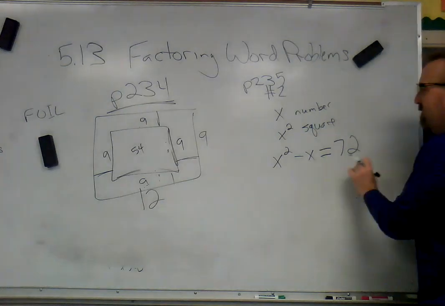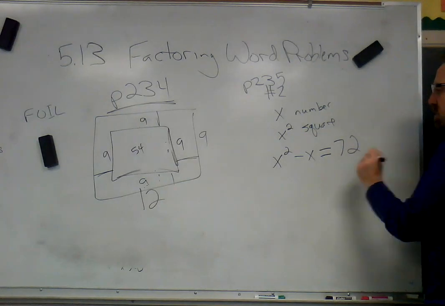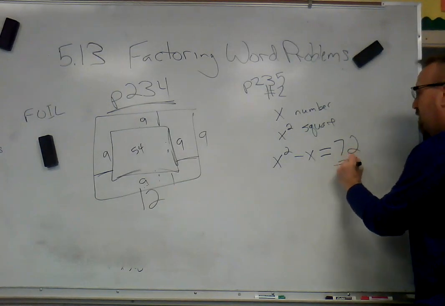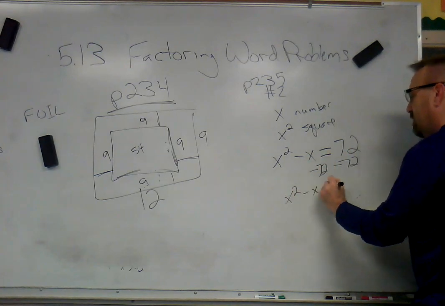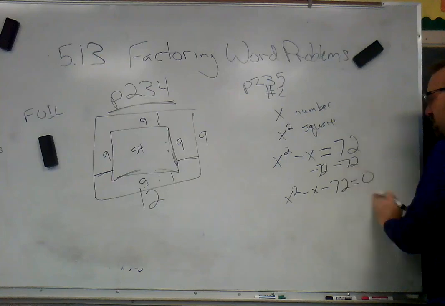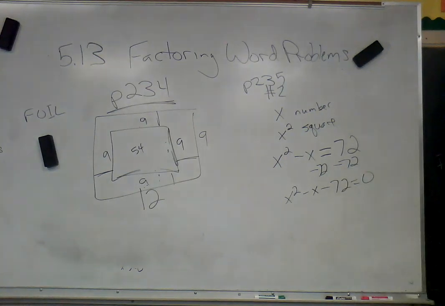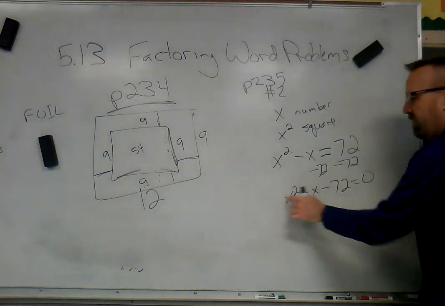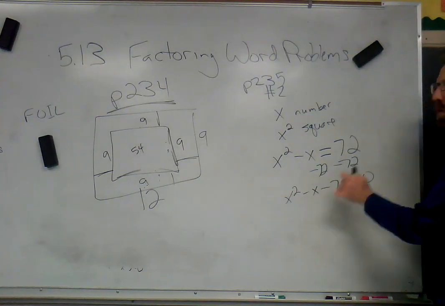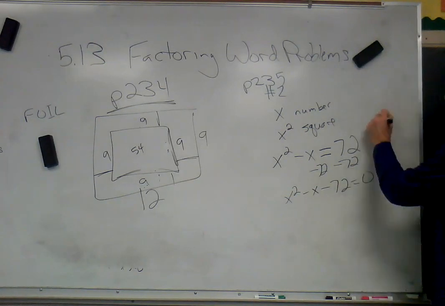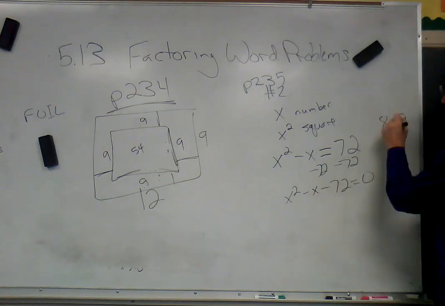So in order to solve this, it has to equal 0. So we subtract 72 and it equals 0. Now it's set up for us to factor. We have no coefficient, so we just need the factors of 72 whose difference is 1. 8 and 9, and we need negative 1. So 8 minus 9.